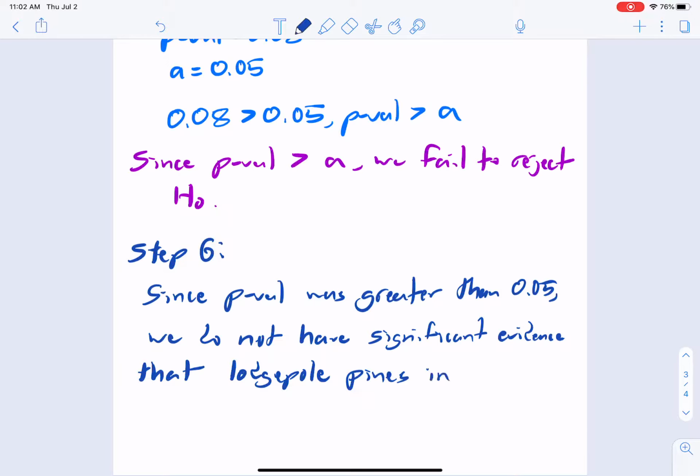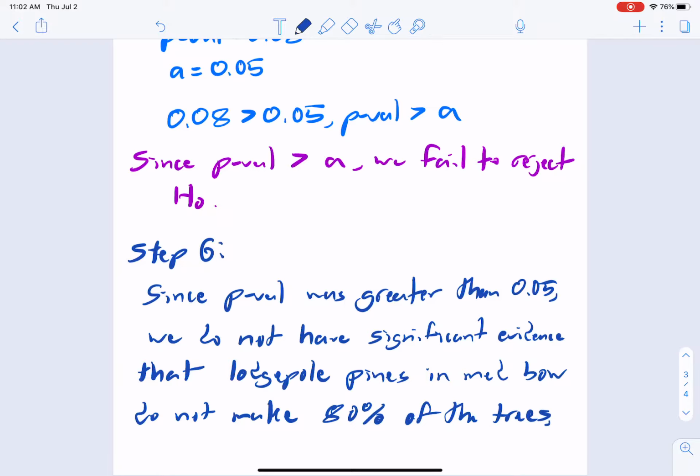in Medbo do not make up 80% of the trees, right? So, since the p-value is greater than 0.05, we do not have significant evidence that lodgepole pines in Medbo National Forest do not make up 80%.